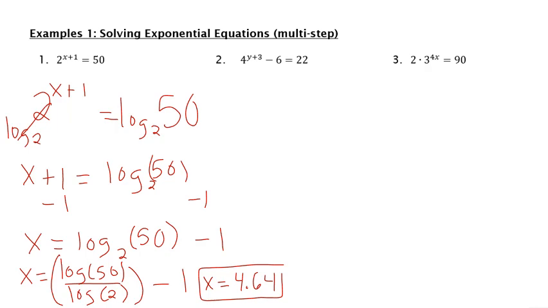For question number 2, it's very similar. So I'm going to get my base of 4 by itself first. I get 28. I'm going to take the log base 4 of each side.